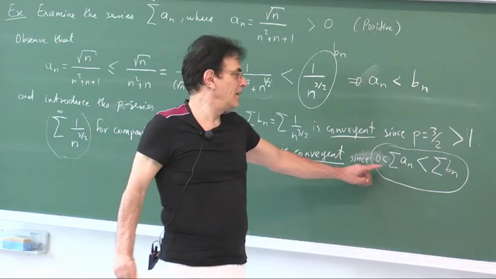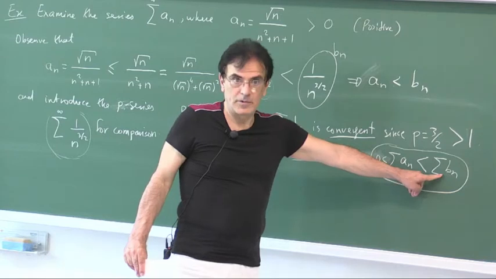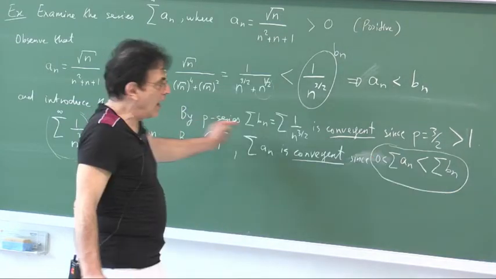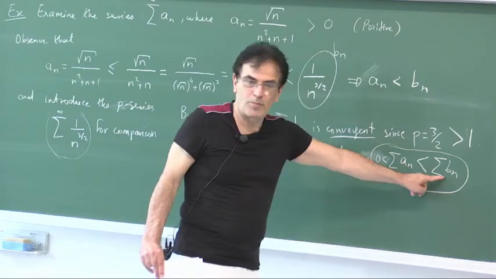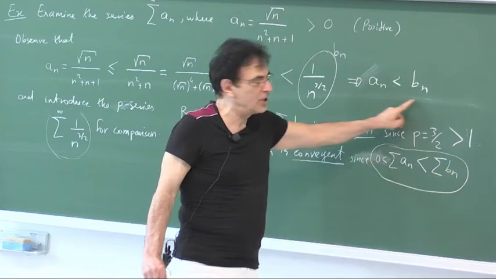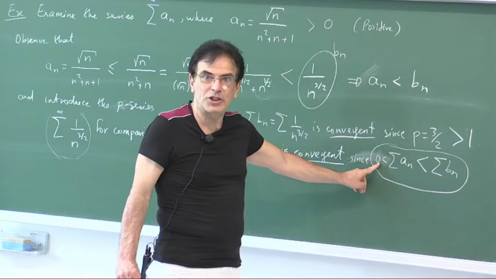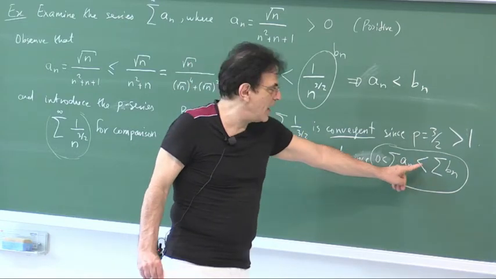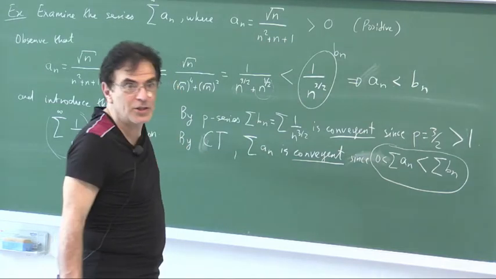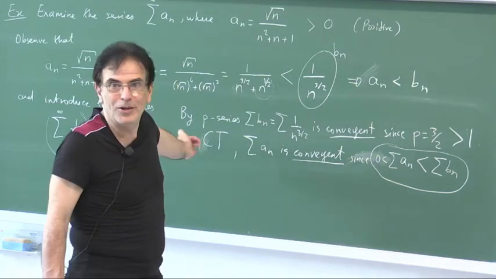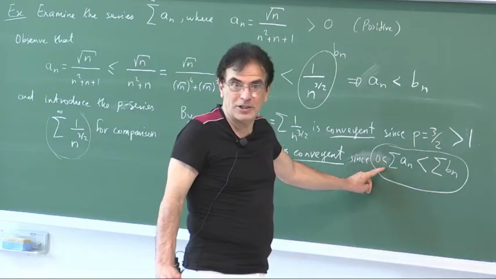Look, sigma Bn has a sum since it is convergent, and the sum of our series is smaller than the sum of the P series because of this relation. But if there is no positivity condition, perhaps sigma An is smaller than Bn but may go to minus infinity, which also implies divergence. So this is why we consider positive series.